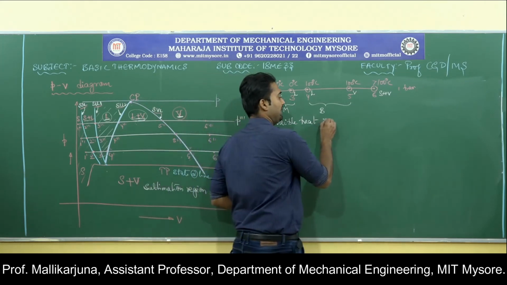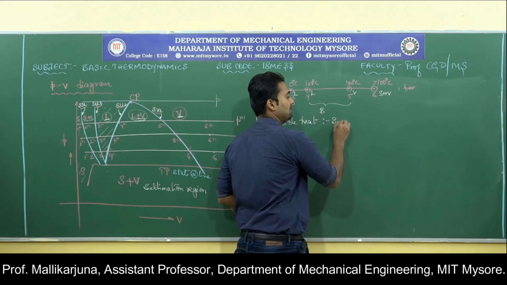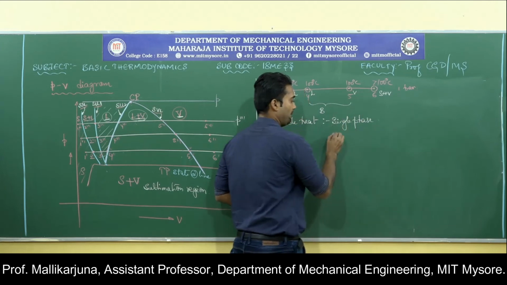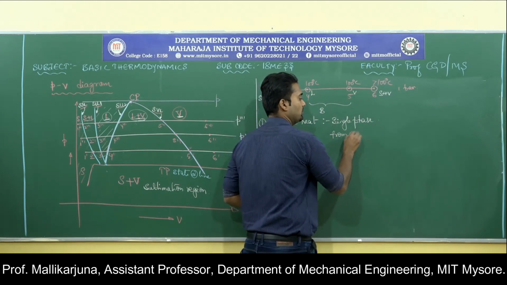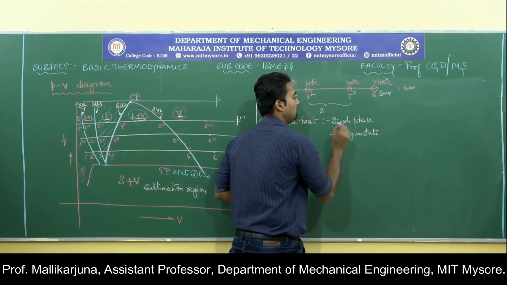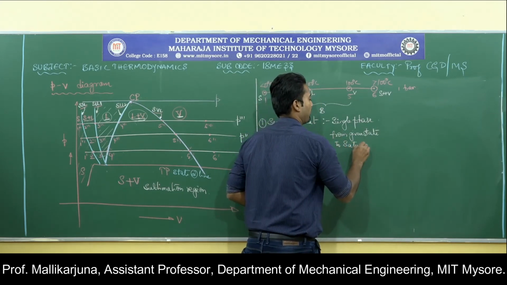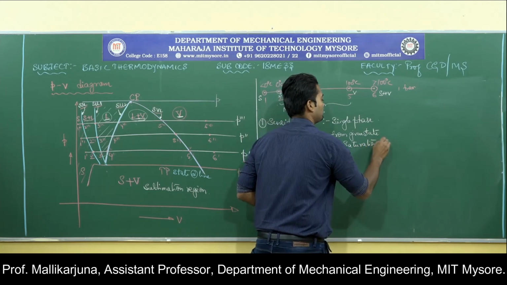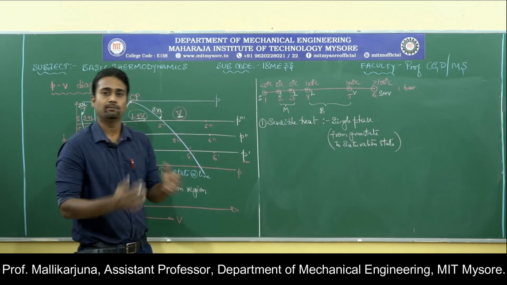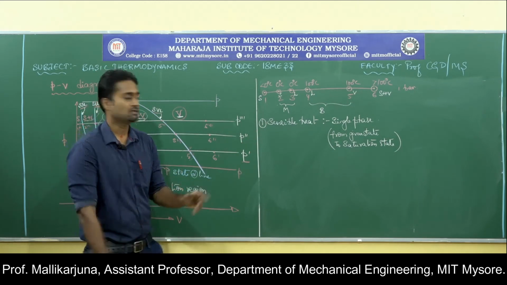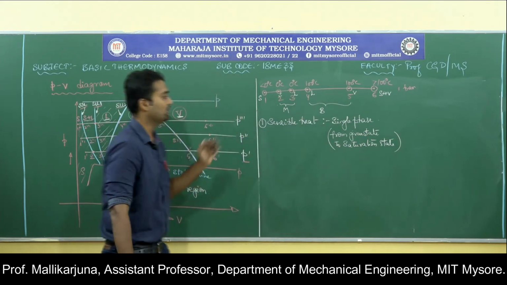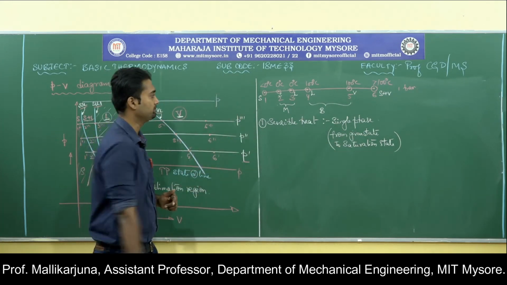So it is the heat absorbed by the substance in a single phase from a given state to the saturation state. So this is the condition. Amount of heat absorbed by the substance in a single phase in order to convert it from a given state to the saturation state. So what are the sensible heats that we are applying over here?